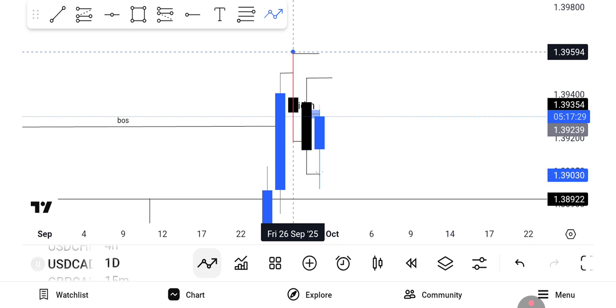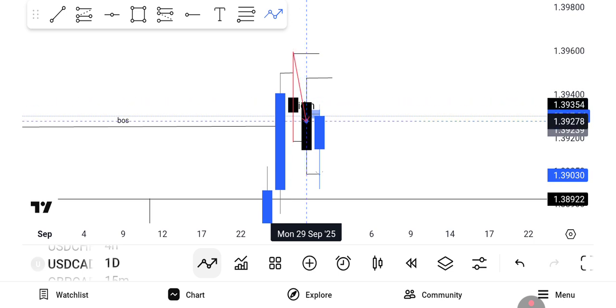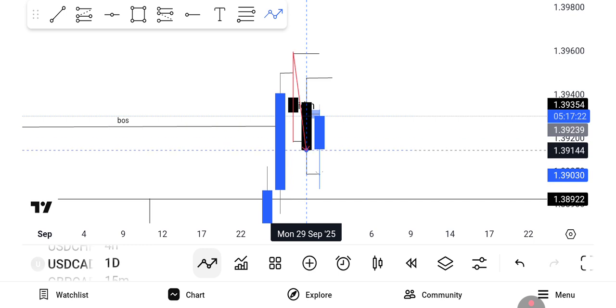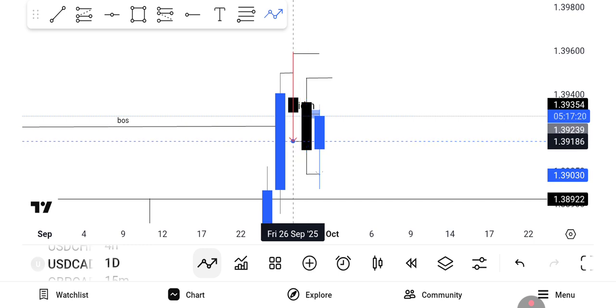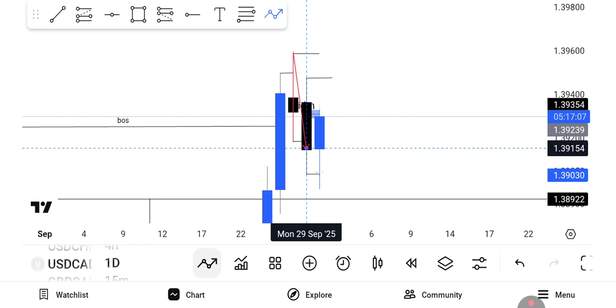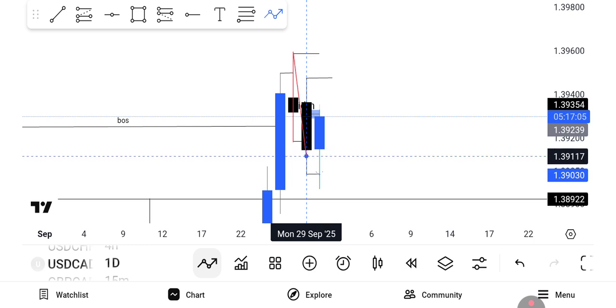Then this candlestick did not break the high of here. Instead, it broke the what? The low. So we now have a break of structure again. Can you see clearly? As this one did not break the high, instead it broke the low.